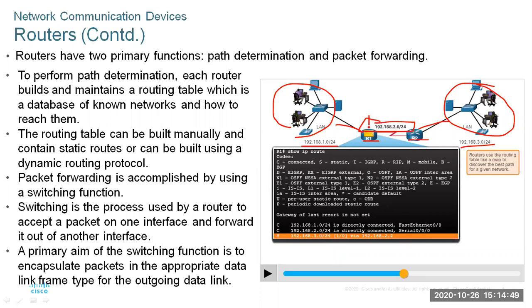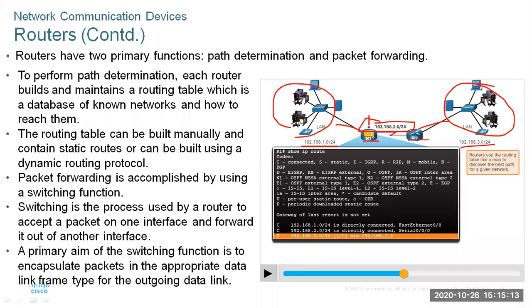But you see, router 2 does not have information about this network, and router 1 does not have information about this network. So what happens is that the two routers are going to exchange information, either by the administrator manually adding this information on the router.